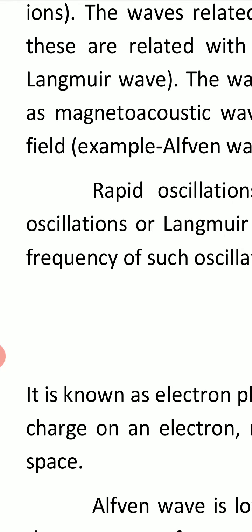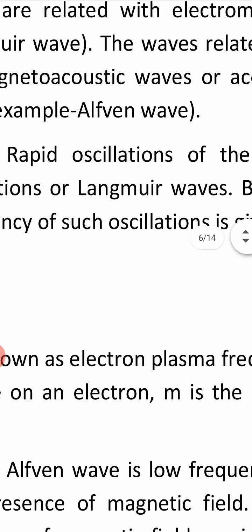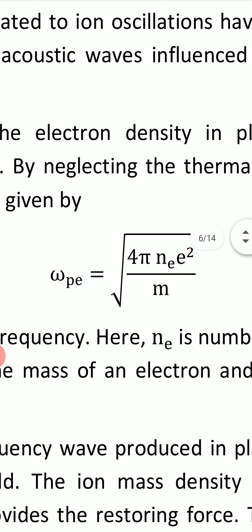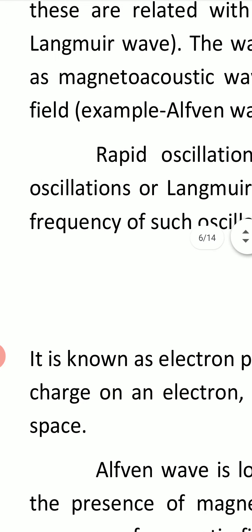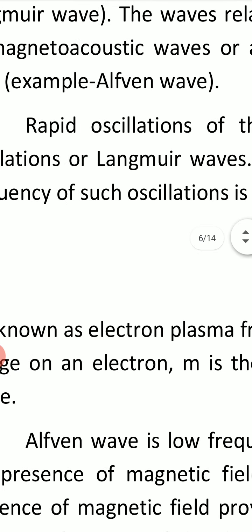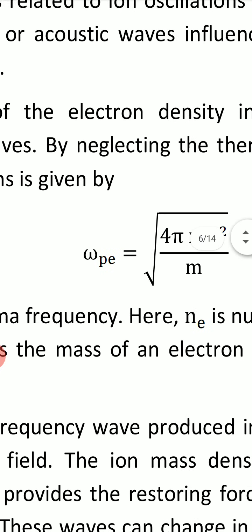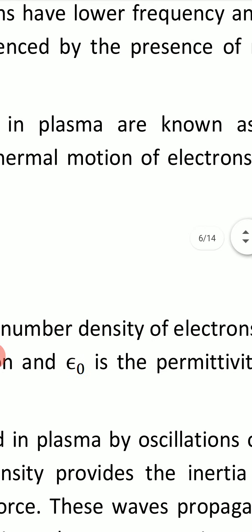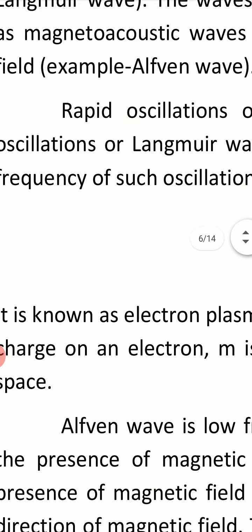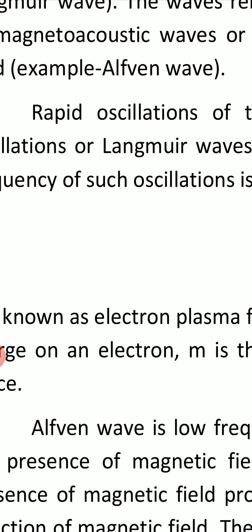And due to oscillation of positively charged ions, low frequency waves are produced, which are magneto-acoustic waves. Magneto-acoustic waves are acoustic waves influenced by the presence of a magnetic field. And example is Electron wave.